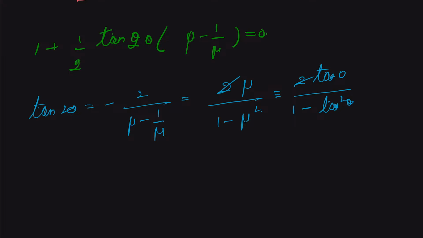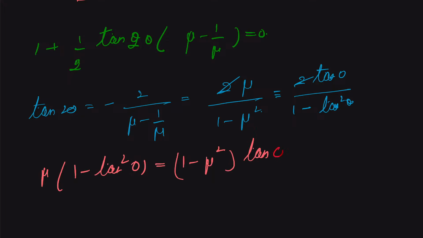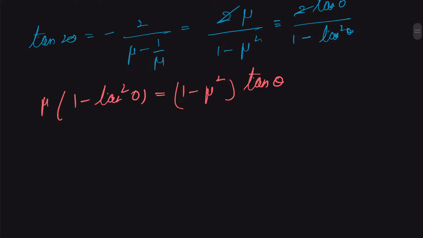So we are going to get this as, okay, let me first of all write this, mu times 1 minus tan square theta is equal to 1 minus mu square times tangent of theta, and this will be giving us that tan of theta minus mu times mu tan of theta plus 1 is equal to 0, okay.